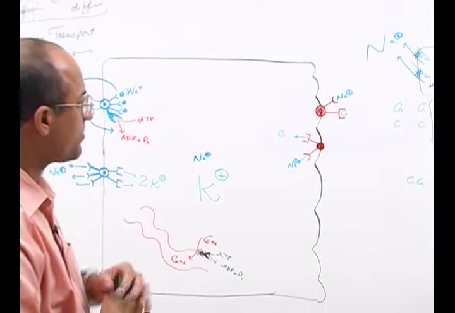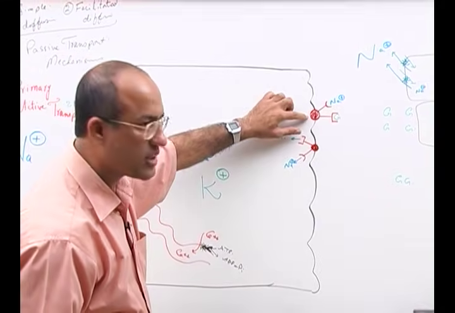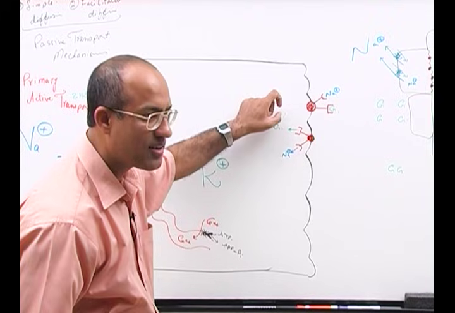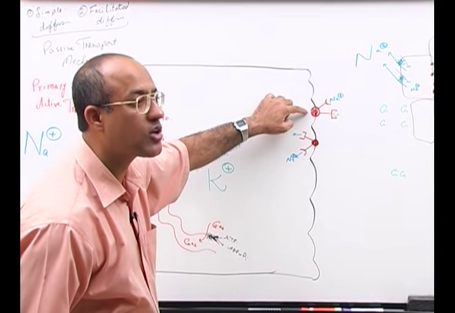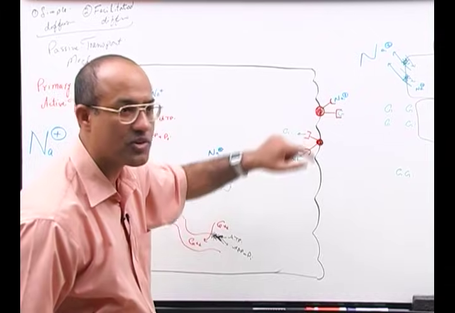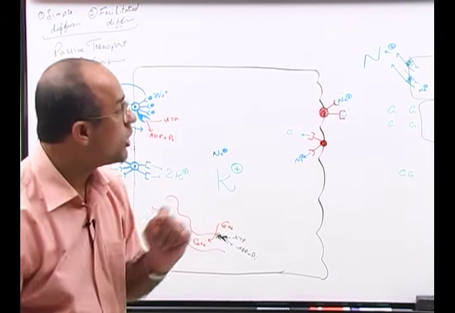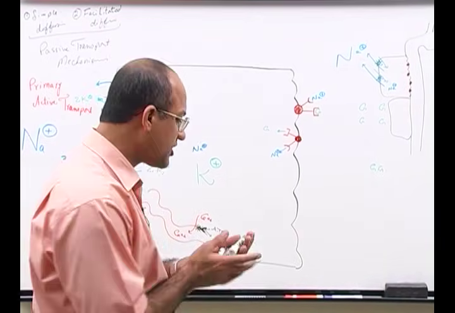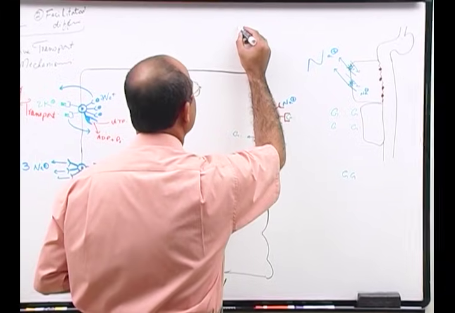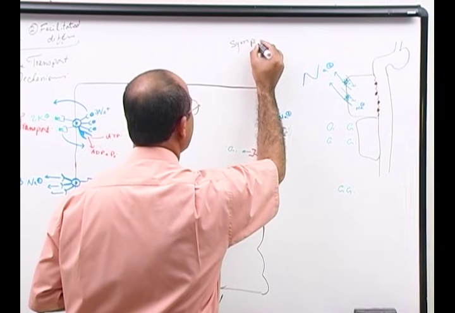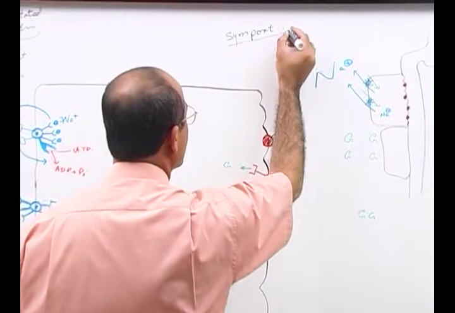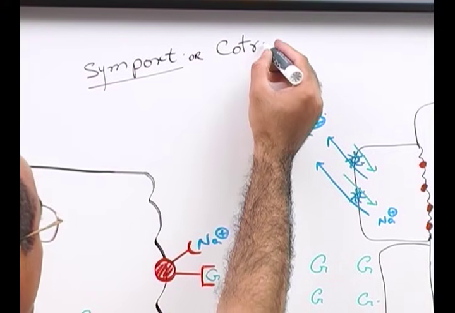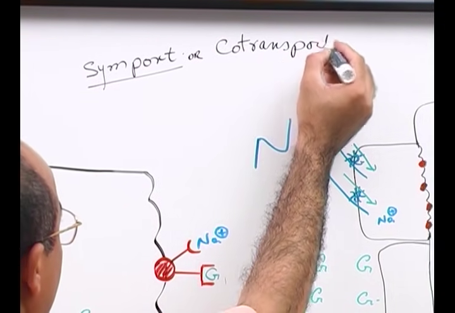Now what we have seen, that this is a protein which can transport sodium and glucose together. This is an example of co-transporter. This type of transporters are called co-transporter. It is sodium glucose co-transporter, or some people simply call such type of transporters symport, or co-transporters.